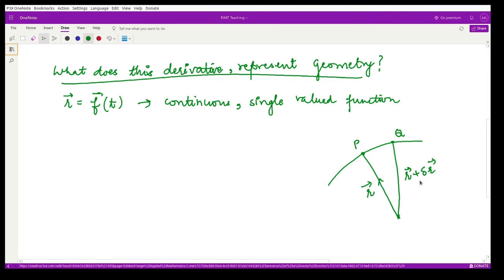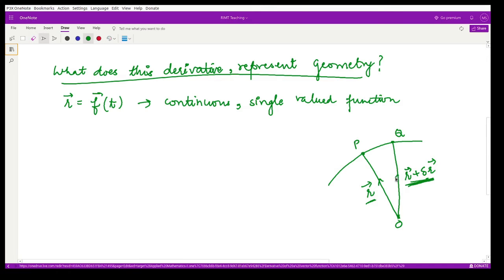So the position vector of Q from O is a small displacement in r, which I define by r plus delta r.